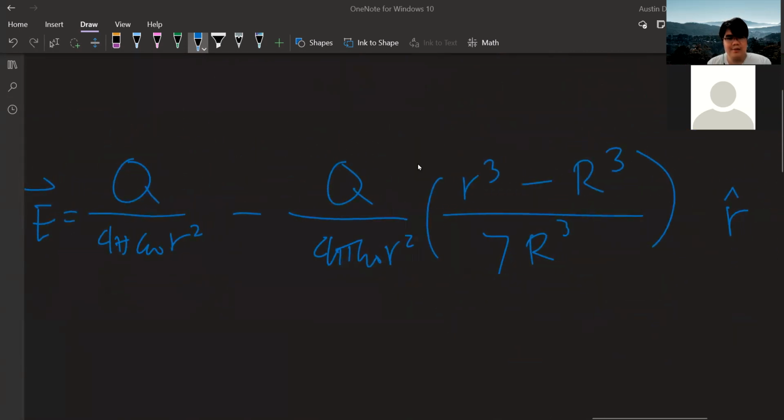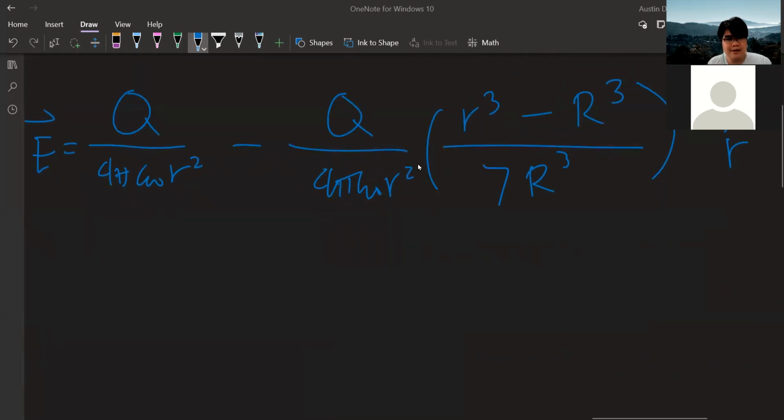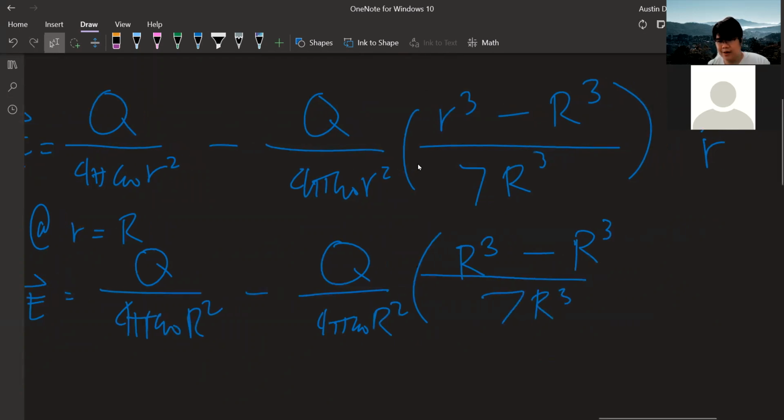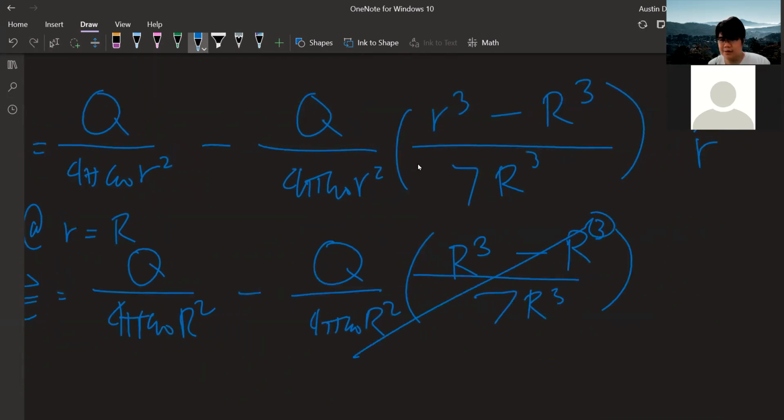And we can see that when r is equal to R, E becomes Q over 4 pi epsilon naught R squared minus Q over 4 pi epsilon naught R squared times the factor R cubed minus R cubed over 7R cubed, and this is just 0.